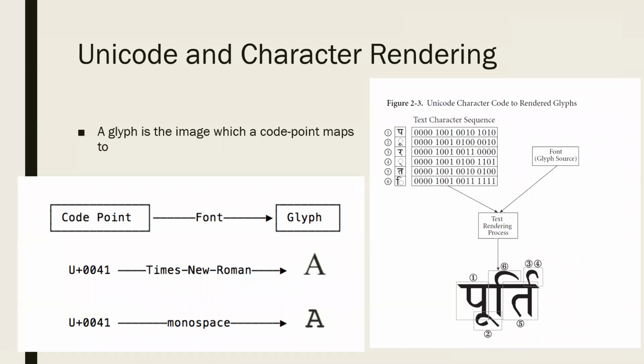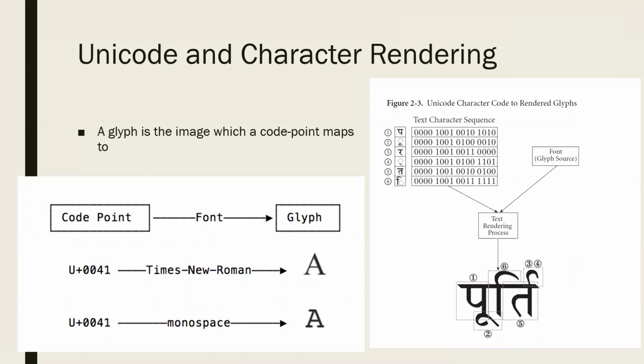So Unicode has a way of representing each of these symbols with a number. Now, we've talked about this in the unit on typography, where the actual rendering of a letter is called a glyph.